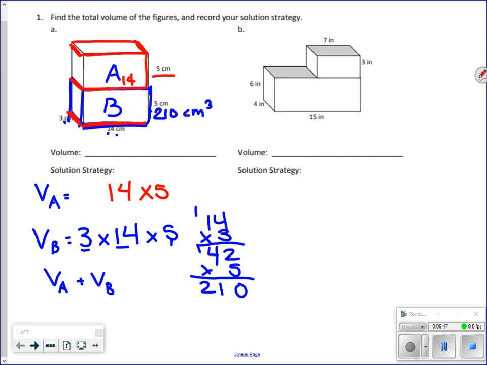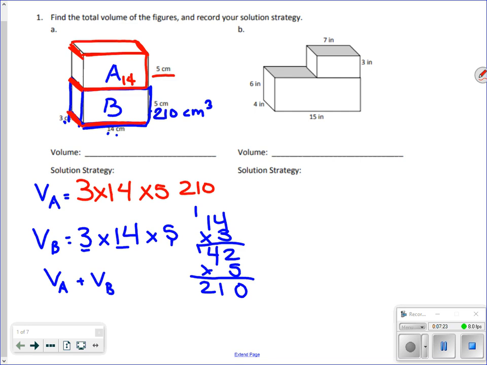So all of these pieces are 3. Now, if you remember seeing some of those parts where one is shorter than the other, then I can't say that those are the same. All of these are the same. So this is 3, this is 3, this is 3, this is 3. So my numbers are the same. If my numbers are the same, what can I say about my volume for A? It's the same. I don't have to sit there and do the multiplication again, because if I did it here, I know what it is there.